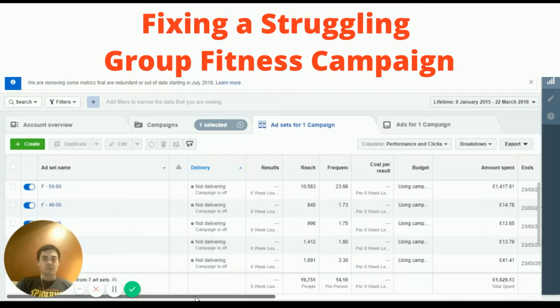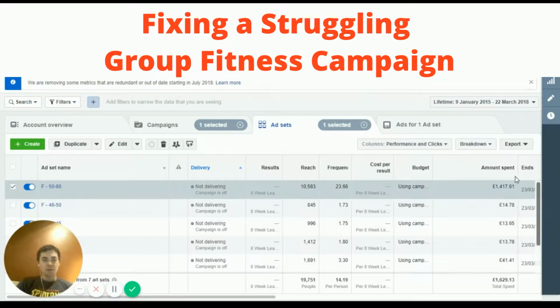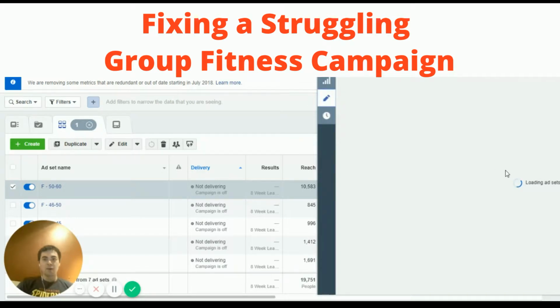So for most fitness ads, I'd say it's women who are typically 30 plus. Sometimes they'll go 25 to 55, in that range there. And I would just do very broad targeting locally, and then not really worry so much about breaking it down by age range until you have a ton of results that you can then break off into specific ad sets.